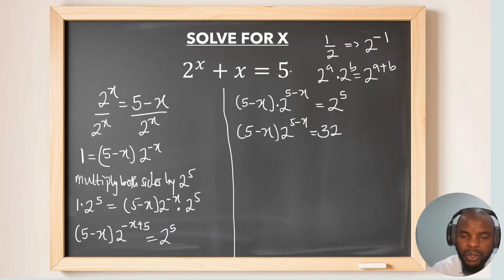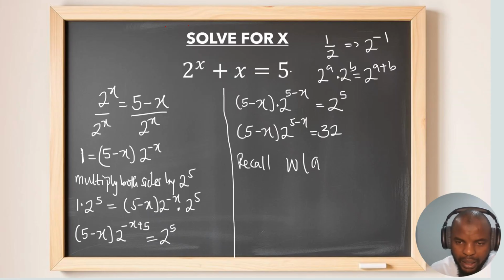Now, I'm going to introduce something we call the Olympiad-level function. And what does the Olympiad-level function say? It says that if you have the function a exponential a, it equals a. So here you need the exponent function.